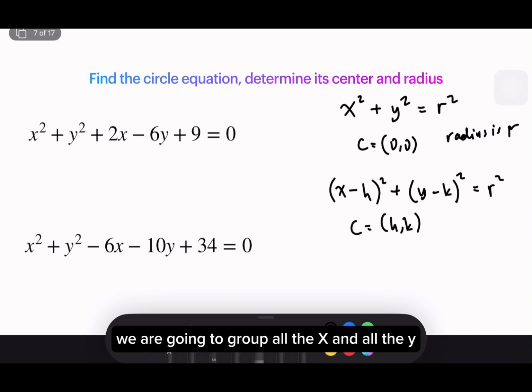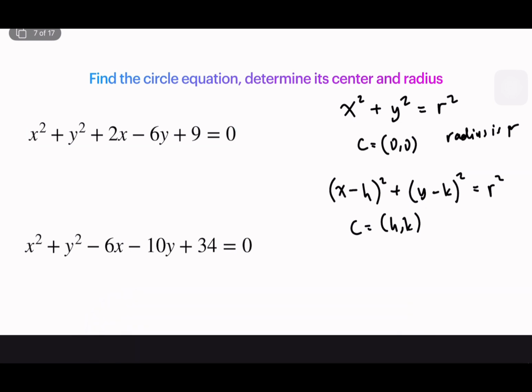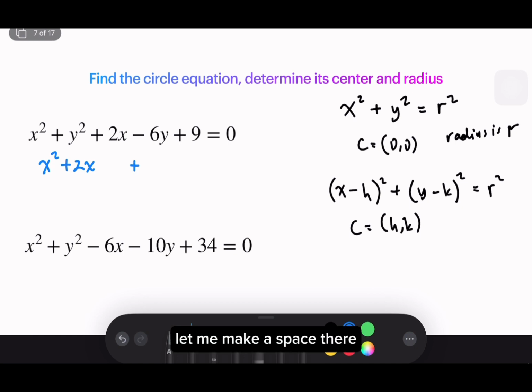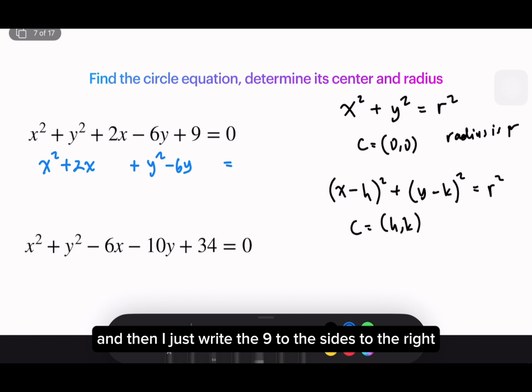We are going to group all the x and all the y, and write the 9 to the right side.